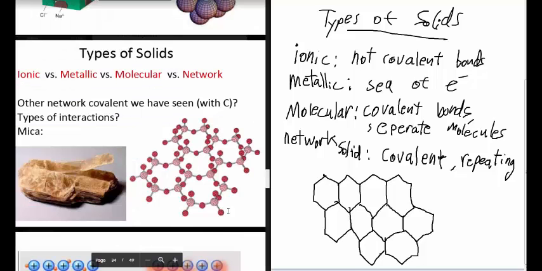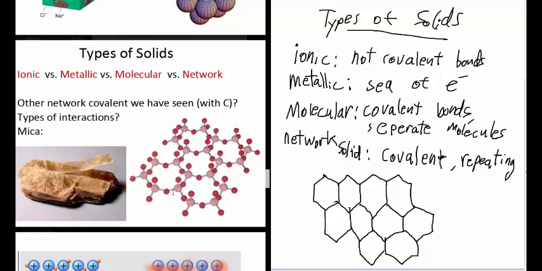And another similar covalent network solid compound is mica. So this is a kind of complex mineral, and this is a picture of it. It flakes off in these thin planes because on the molecular level there are, like graphite, these planar sheets of atoms.